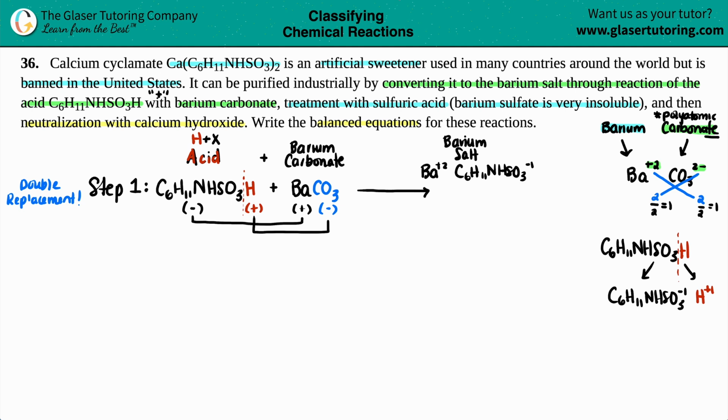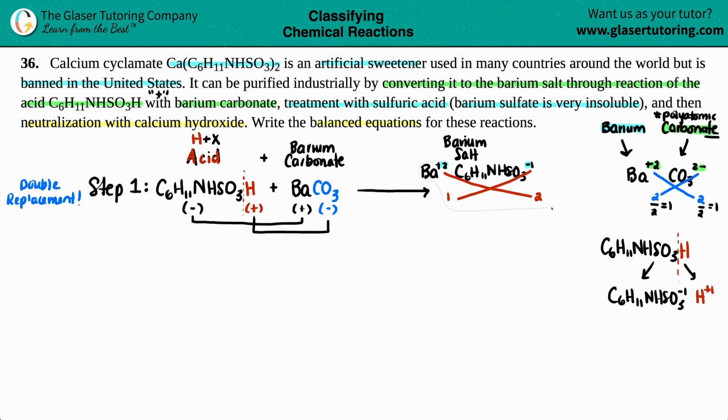So take those charges and crisscross them. You have a +2 for the barium, you have a -1. So this 2 crisscrosses down to get a 2. And this 1 crisscrosses down, telling me that I need 1 barium.